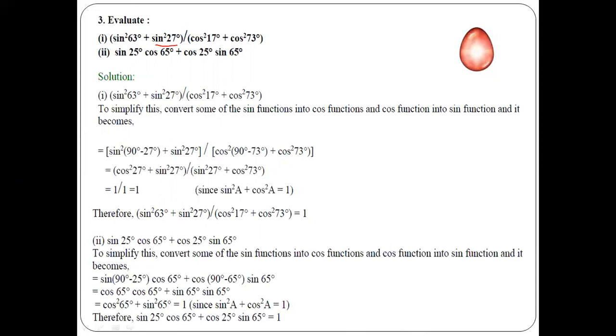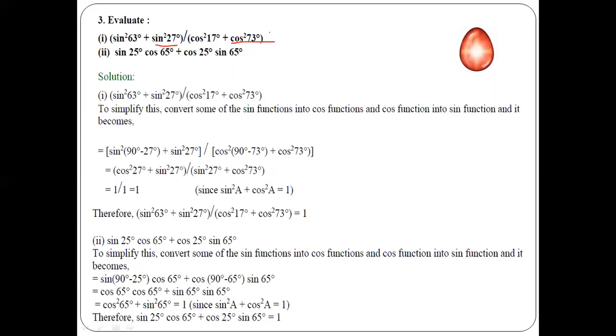By using the trigonometric ratios of complementary angles, that is sine square 27 equals cos square of 90 minus 27, that becomes cos square 63. Similarly, in here you can convert this into sine square 17.